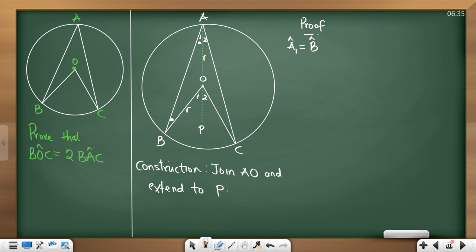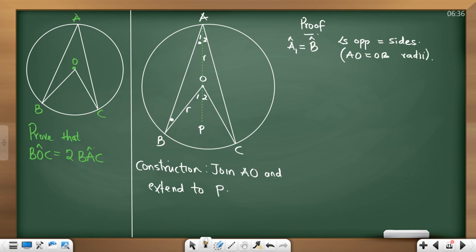In grade 7, we would have said isosceles, but remember lesson 1, it's not called isosceles. It is angles opposite equal sides. Let me just put this in brackets. What are the equal sides? AO is equal to OB, and that is radii, so that we can fully have an understanding.